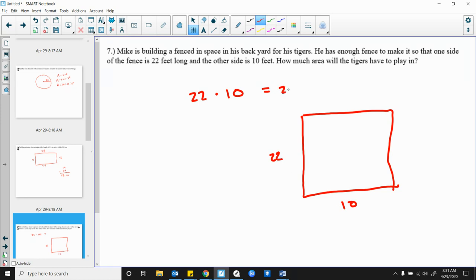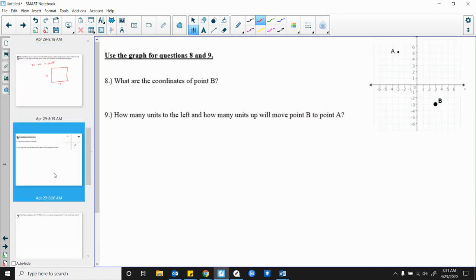And in this case, I get 220 feet squared. That is definitely not enough space for my brother's tigers to play, but we get 220 feet squared.